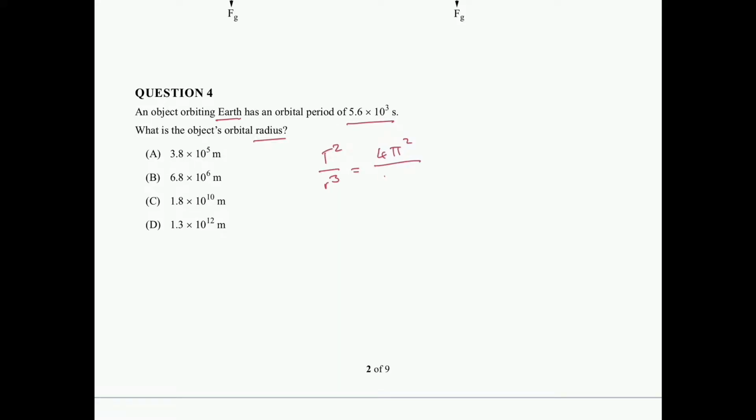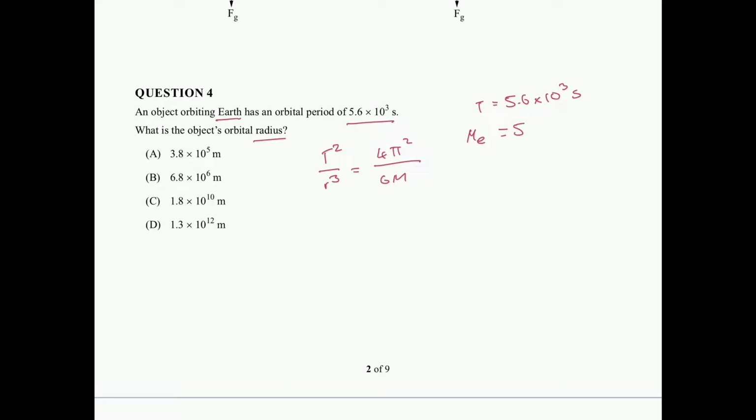Okay, so the formula for Kepler's law is T squared over R cubed is equal to 4 pi squared over GM. So I'm going to write on the right hand side, T is equal to 5.6 times 10 to the 3 seconds. So remember your SI units as you go through, making sure they are all correct. ME, which is going to be this mass down here, is the mass of Earth. So that is going to be in your formula book as well.